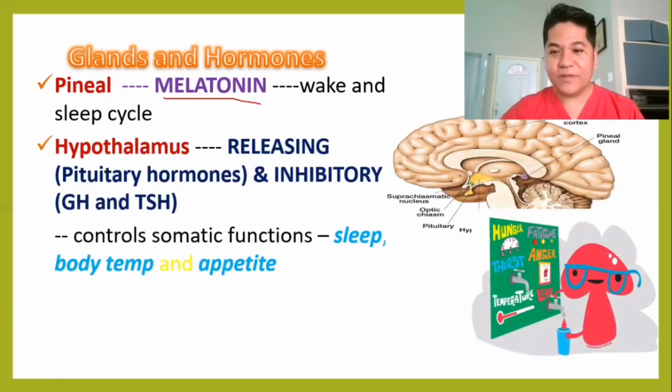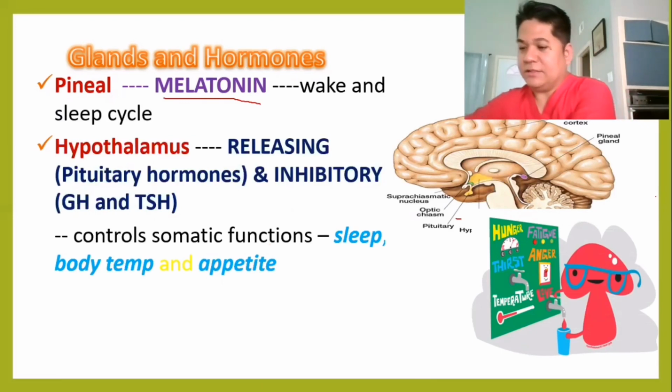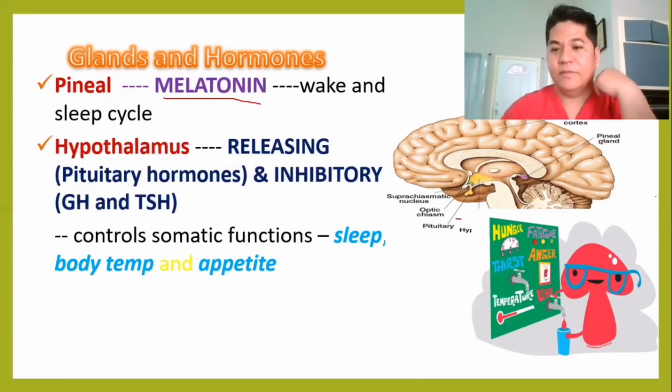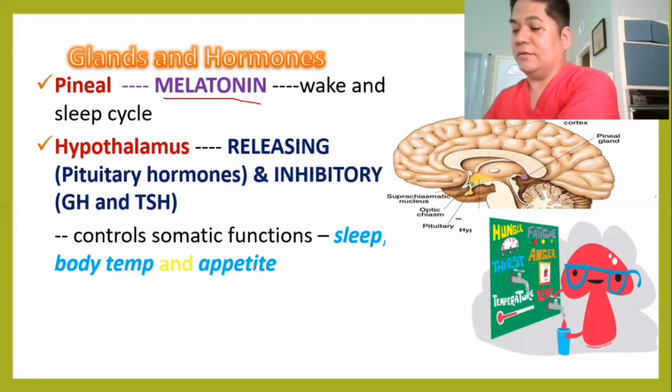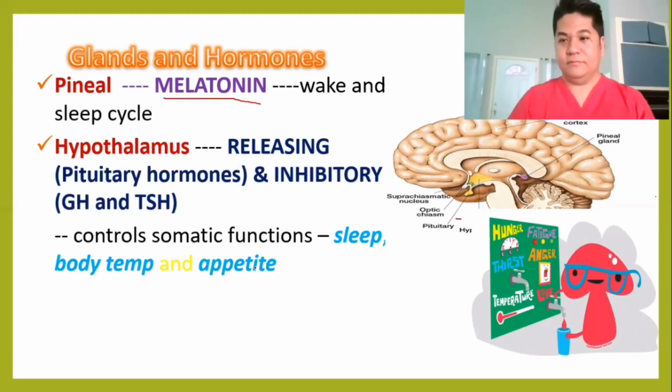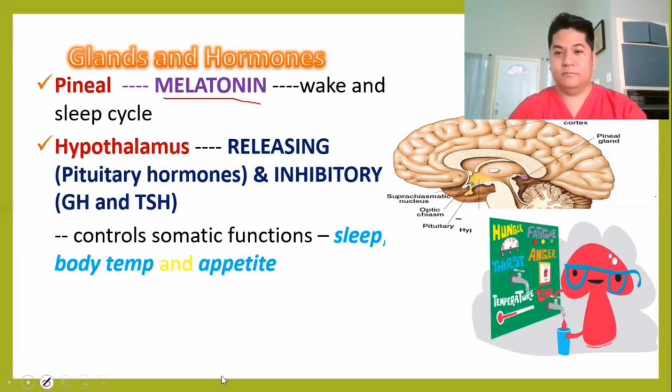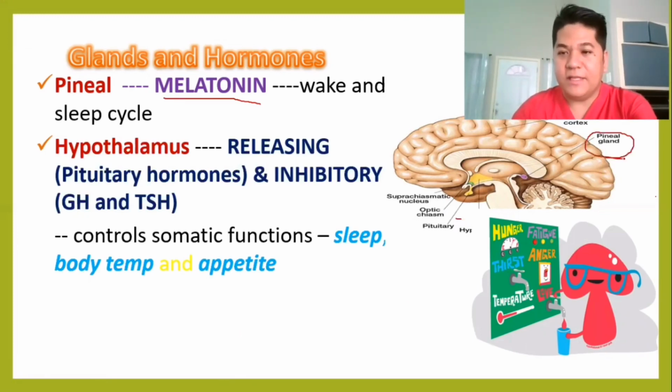You can see here, this is your pineal gland located here, and then your hypothalamus is needed to be stimulated as a releasing factor that will stimulate your pituitary hormones to secrete the following.